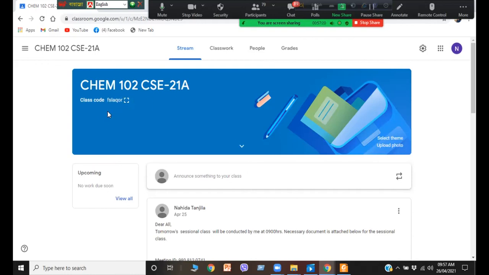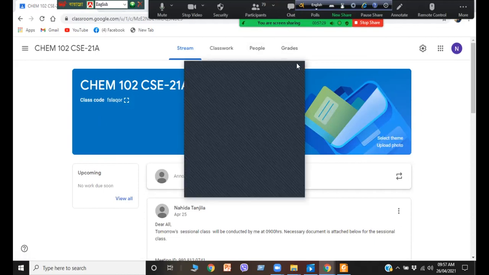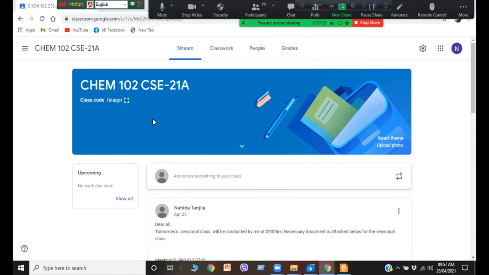Who is actually talking about the class code? You can join right now, and other persons who have still not joined can also join right now. Everything I will give in this classroom for section A and section B. For now you can just use this code.